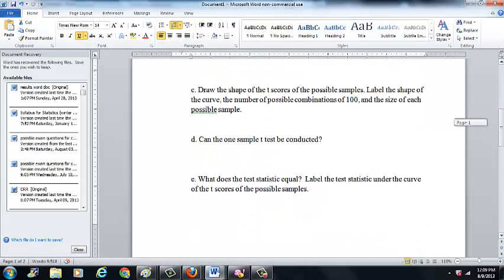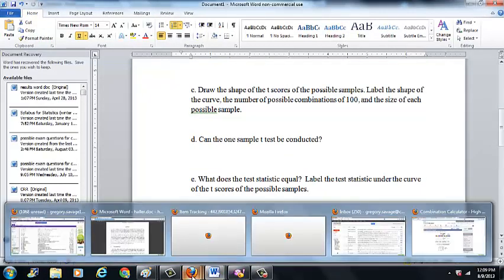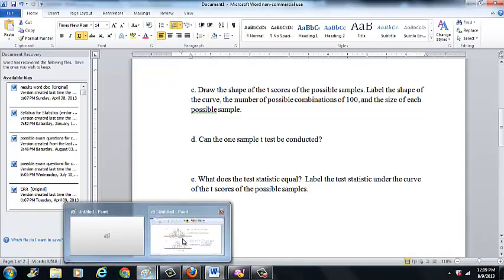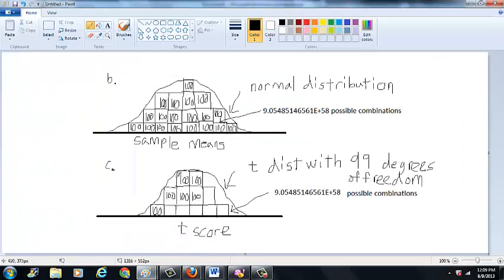Question D says, can the one-sample t-test be conducted? As long as you have the correct shape around your t-scores, which is the t-distribution with a certain number of degrees of freedom, the one-sample t-test can be conducted.